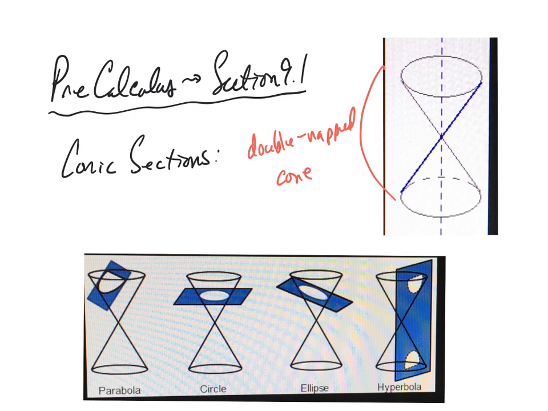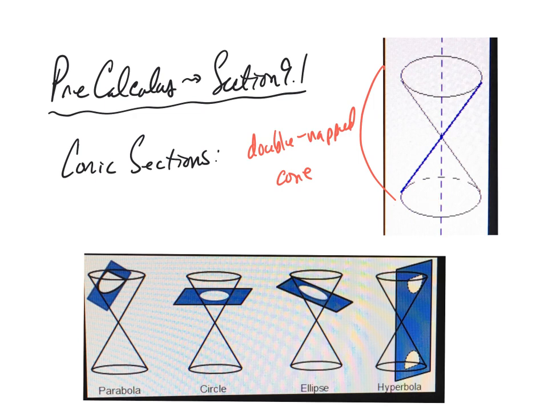And we take this double napped cone, which just means we have a cone above, we have a cone below, and we put the two apexes or the two tips together. So we have a cone opening up and we have a cone opening down. That's called a double napped cone.